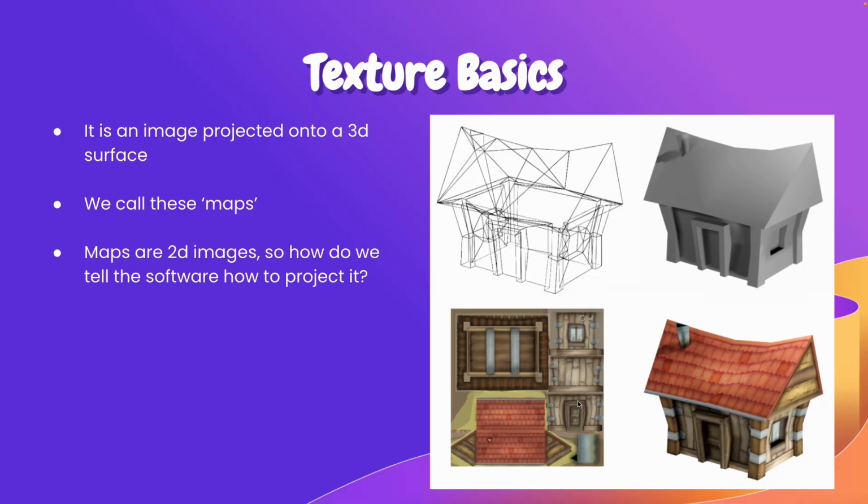But if we want to add more complicated things like this little house here, we need to be able to project a 2D image onto this 3D object. All right. So there's going to be some translation going on, right? We have to tell the software to project this 3D thing as a flat thing so that we can get that texture going.